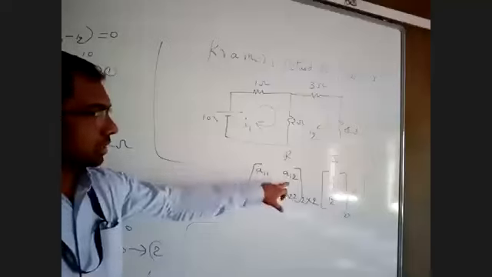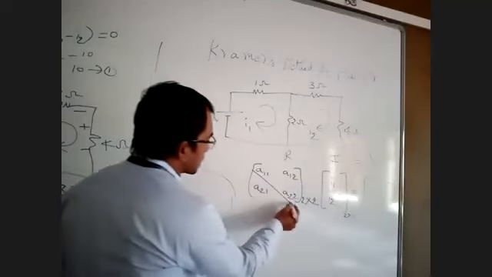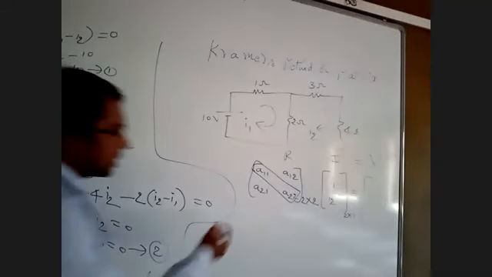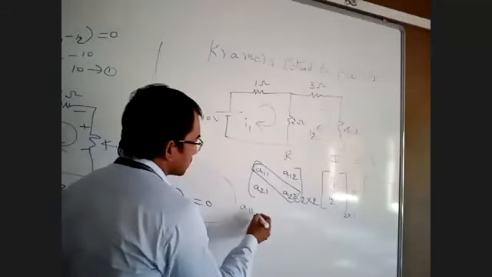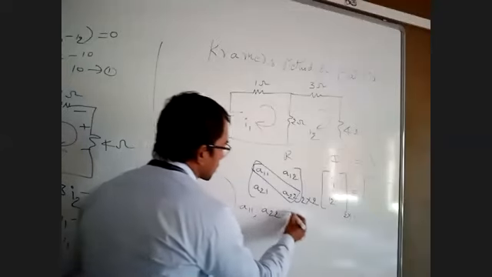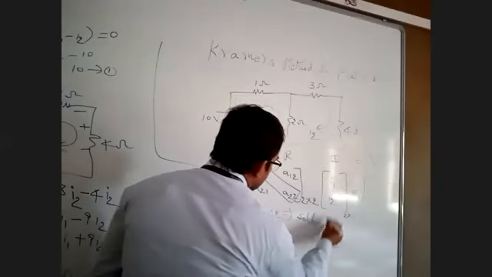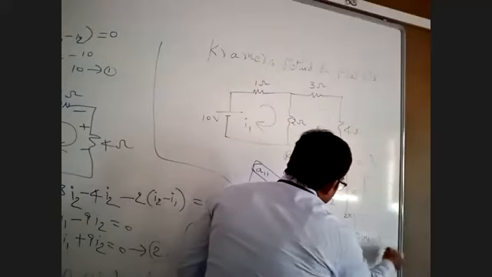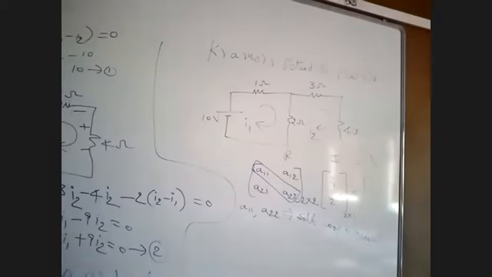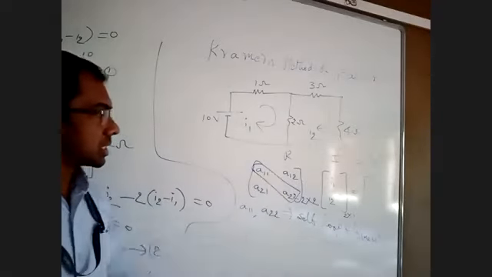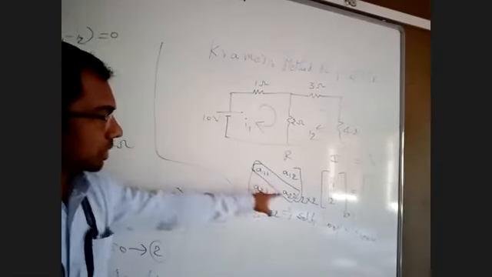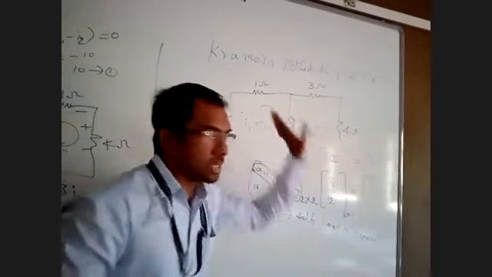A11 and A22 are the diagonal elements. Diagonal elements are called self-loop elements. Now first I will write these diagonal elements. A11 means sum of all resistances in the first loop. A22 means sum of all elements in the second loop.